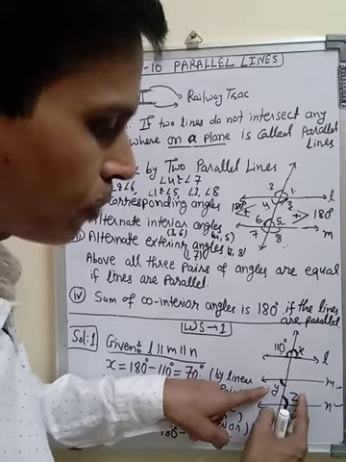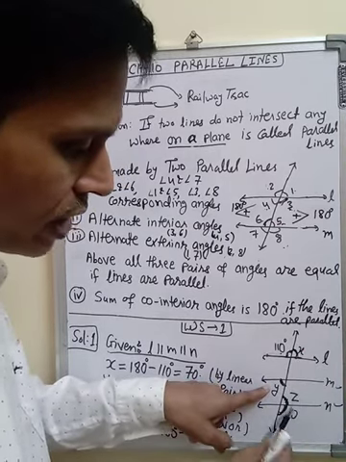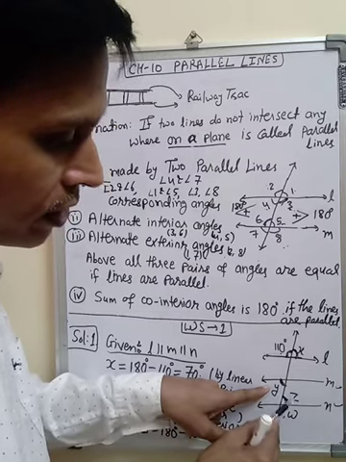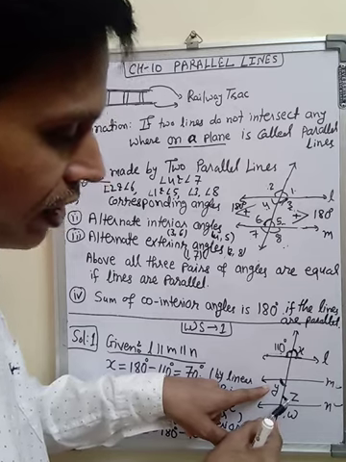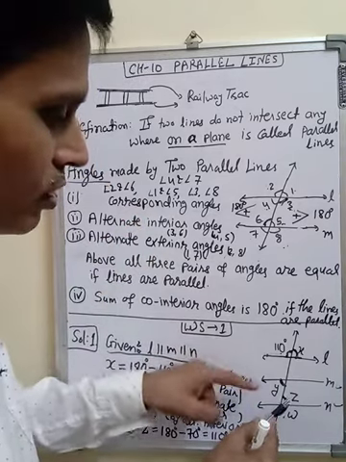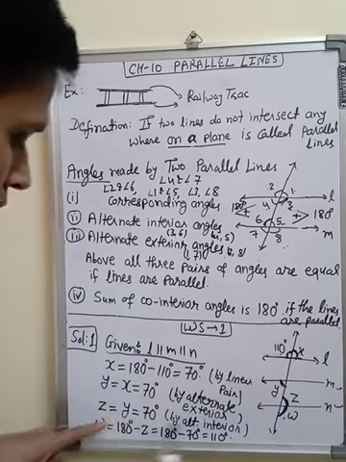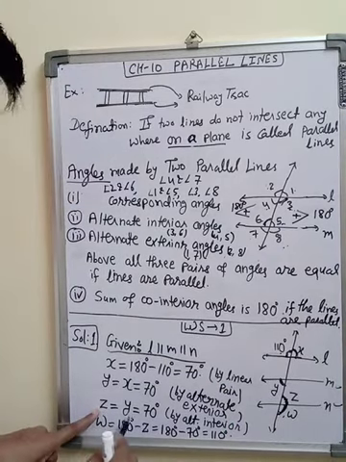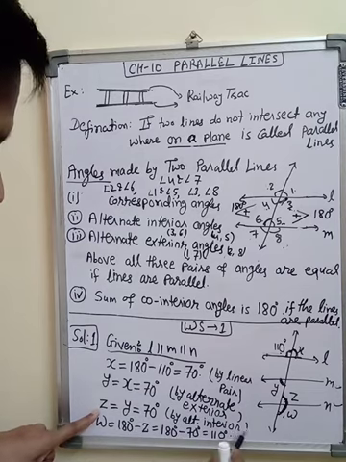Now how can we find Z? Y and Z: which type of pair? This is alternate interior, which we have also learned. Alternate interior angles are equal, so Y and Z are equal. It means Z will also be 70 degrees. I have written here: Z is equal to Y, 70 degrees, by alternate interior angles.